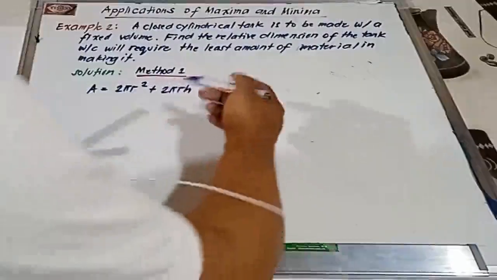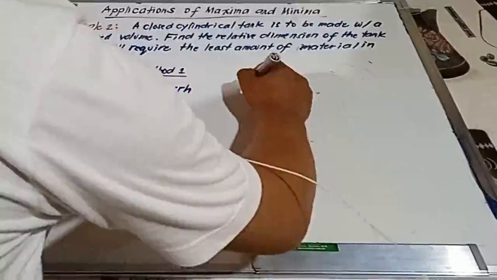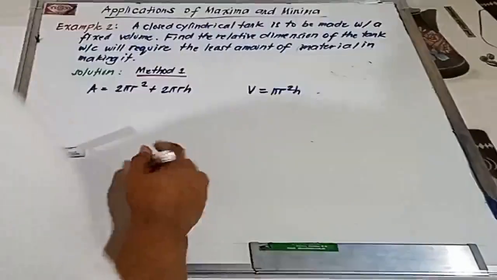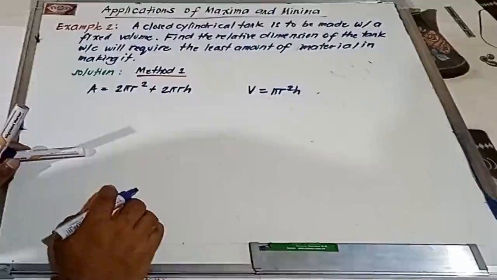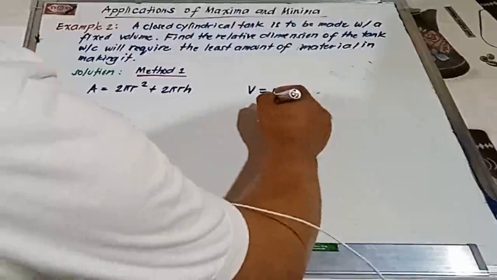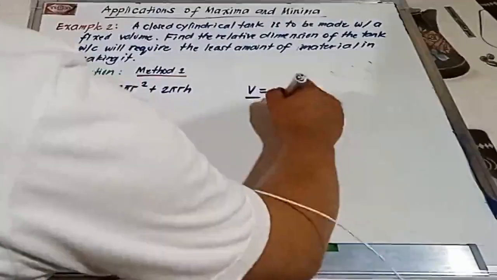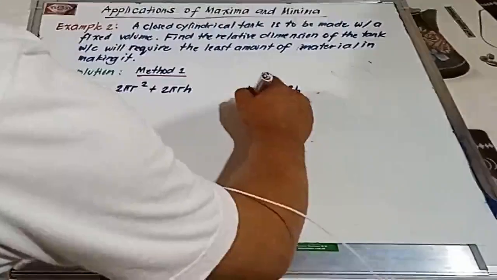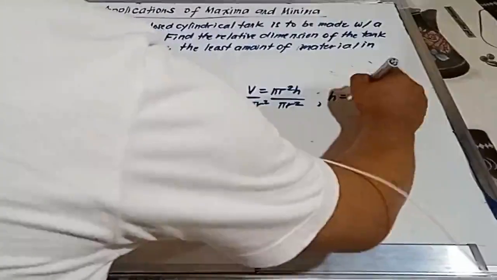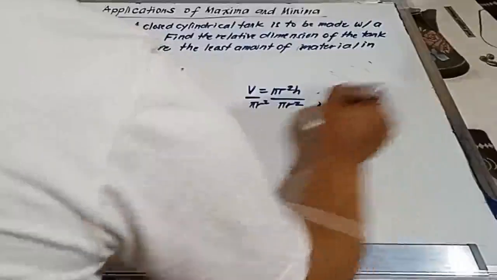From the given volume, na kung saan volume is constant, we have pi r squared h. Pwede natin isolve dito si h, okay? In terms of the volume and the radius. So that is dividing both sides by pi r squared. We have h equal to volume over pi r squared. Okay.